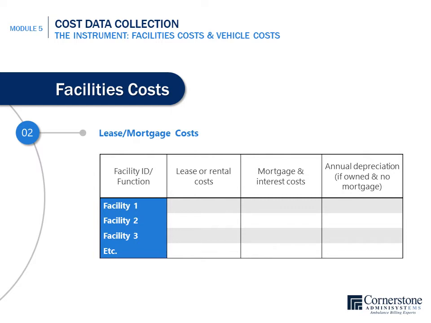In regard to lease and mortgage costs, here we can see the areas of focus. So for each facility, CMS wants to know the lease or rental costs, the mortgage and interest costs, and also the annual depreciation if the facility is owned and there's no mortgage.